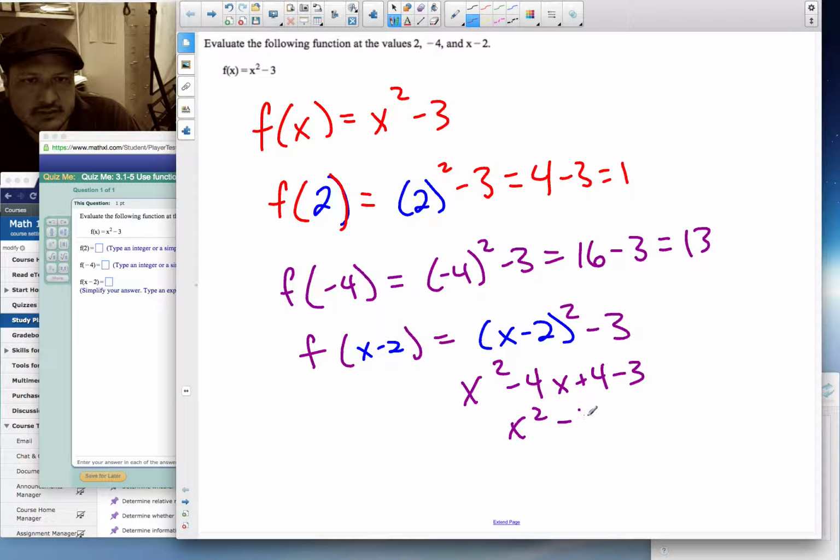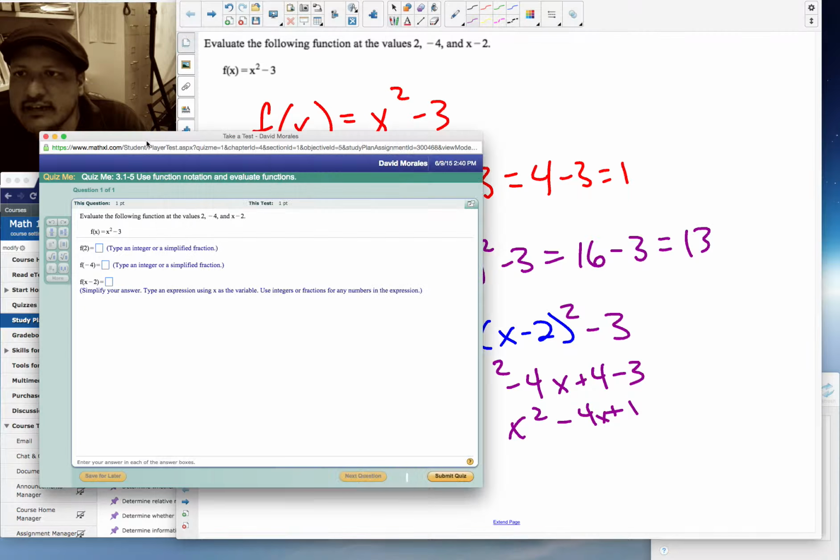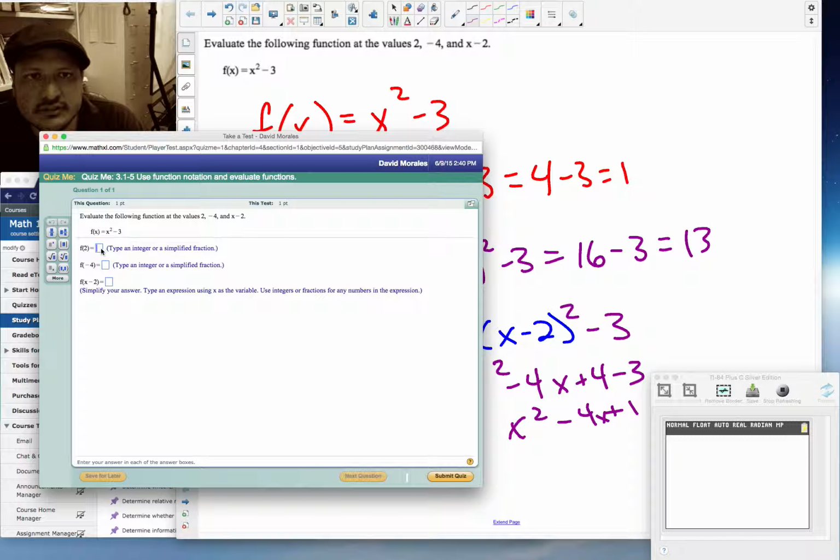So this is x squared minus 4x plus 1. So we have f of 2 is 1. F of -4 is 13. F of x minus 2 is x squared minus 4x plus 1.